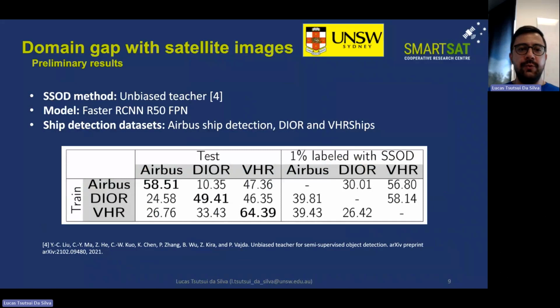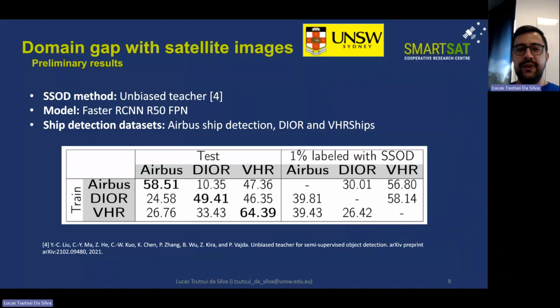And that's what we did. We first trained the model with one data set and tested with a different data set. And we can see the detection performance usually decreases in the left part of this table.